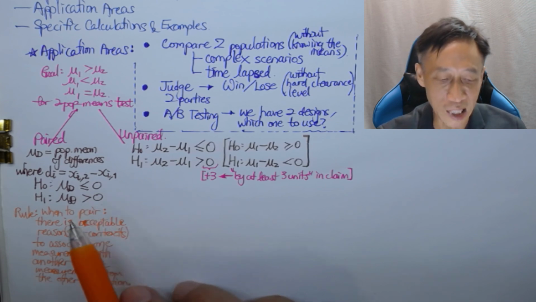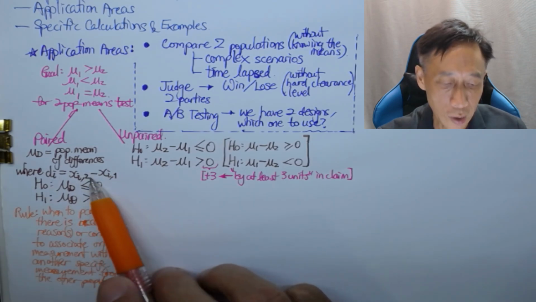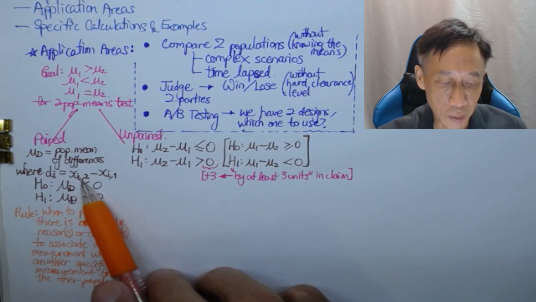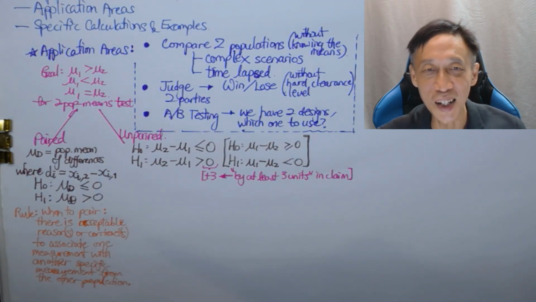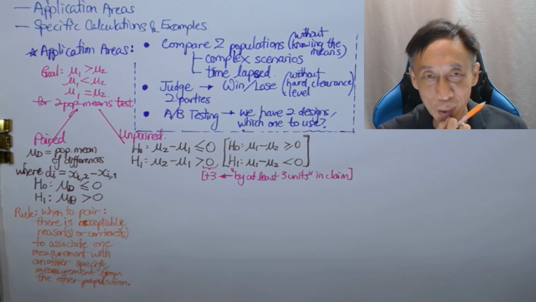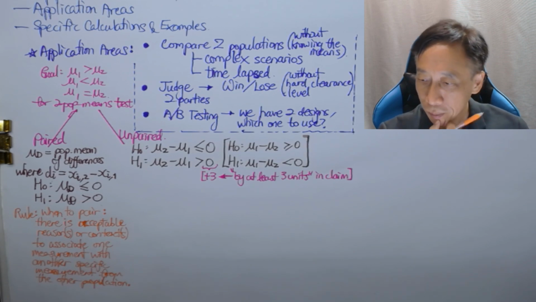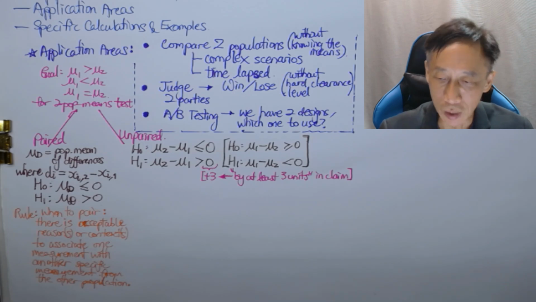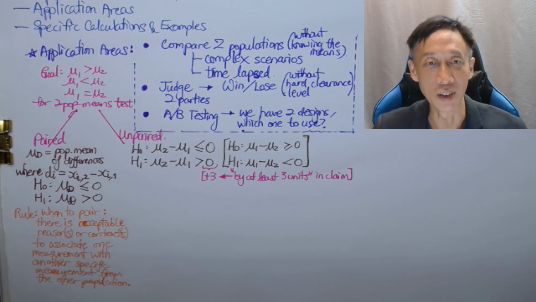For example, if I say, well, I'm doing pairing because the siblings are staying in the same HDB block. That is not wrong if you're doing, for example, sleep disturbance at night, right? And you want to cancel out the effect that some neighborhoods are quieter than others, right?